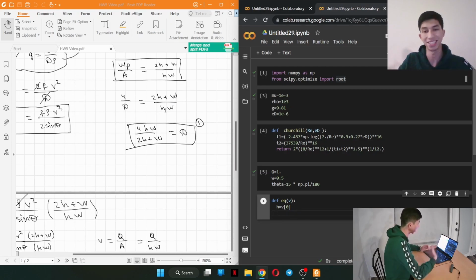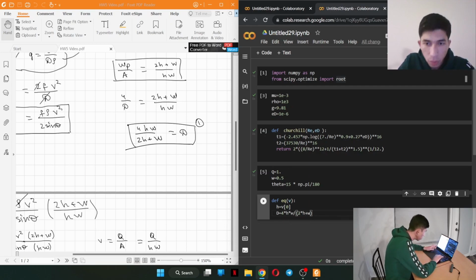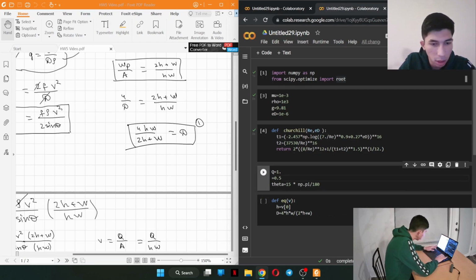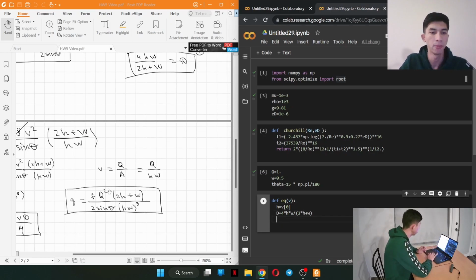So we know our effective diameter is equal to 4 times h times w, over 2 times h plus w, right? Let me check. Yes, so we have an effective diameter now.